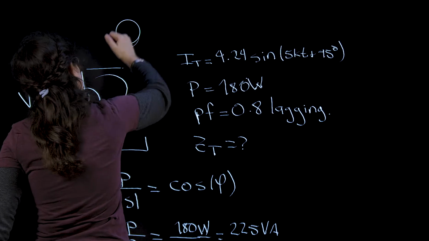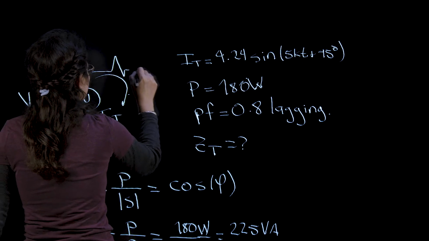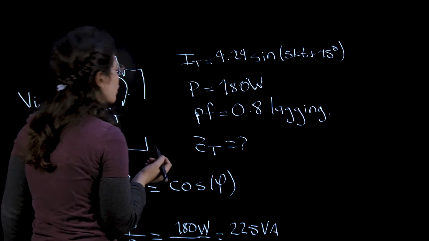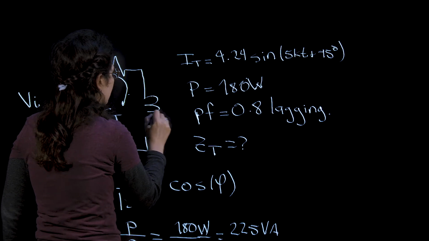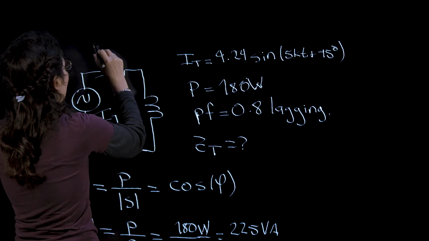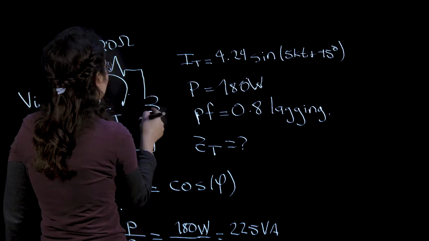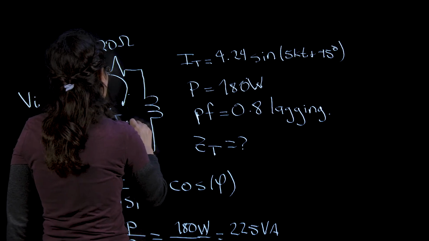So my circuit has a resistance in series with an element that has a positive reactance, which is an inductor here. So my resistance is 20 ohms. My reactance has a value of plus 15j ohms.